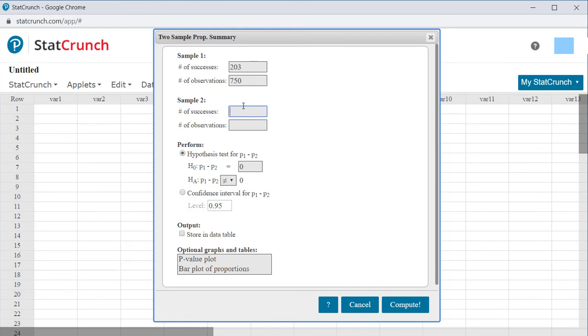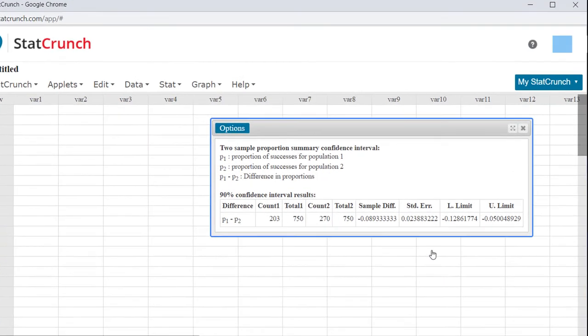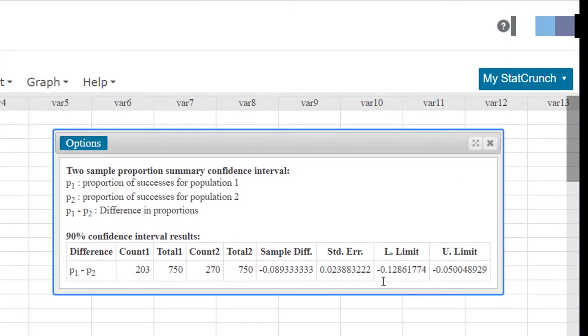For sample 2, we had 270, and the number of observations 750. This time we're doing a confidence interval, and the level of confidence is 0.90. When we say compute, StatCrunch returns the lower limit of negative 0.1286 and an upper limit of negative 0.0500, and that agrees with both our by hand calculations and with the TI calculator calculations.